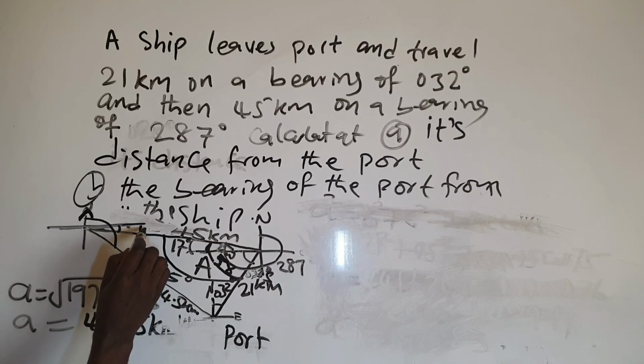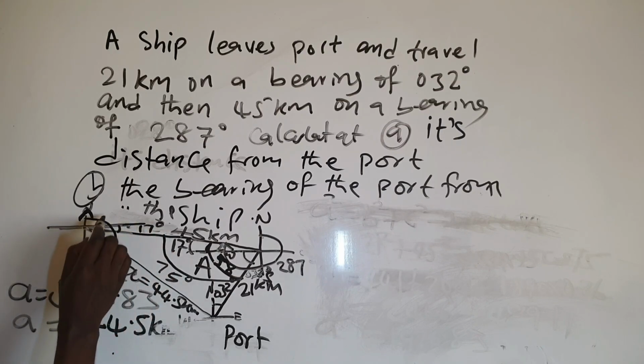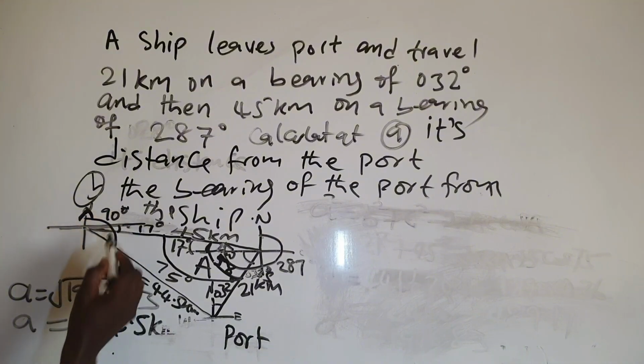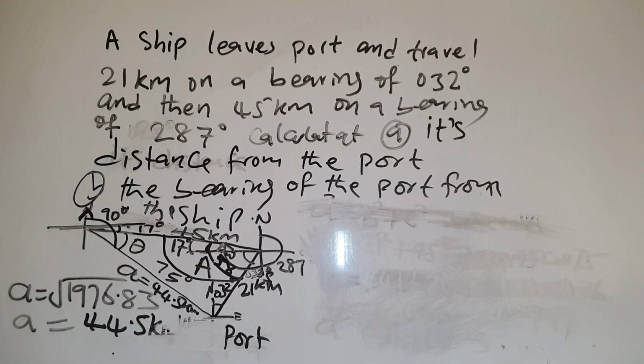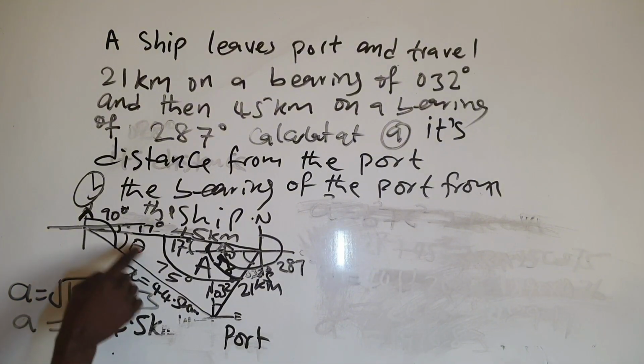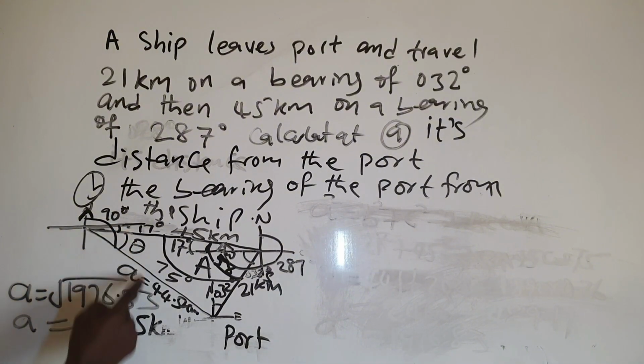So here is 17 degrees. All of this place is 90 degrees. So what we need now is inside here. Let's call it theta. So if we get angle inside here, we now say this plus this plus this one has given us the answer they are asking us.